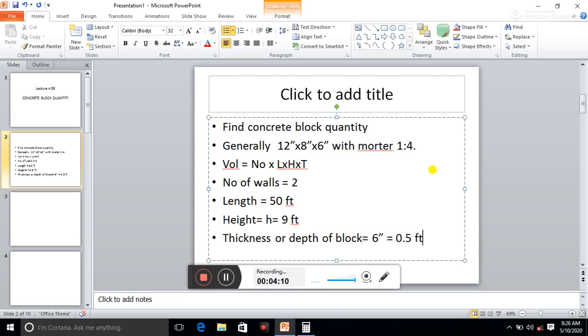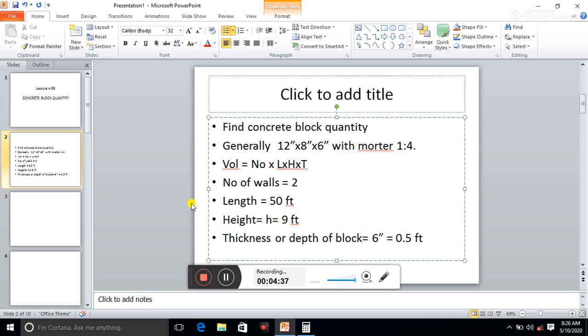So 6 divided by 12 will give you 0.5, as 1 foot is equal to 12 inches. Now all units are in feet, so we will put these numbers in the above formula of volume.